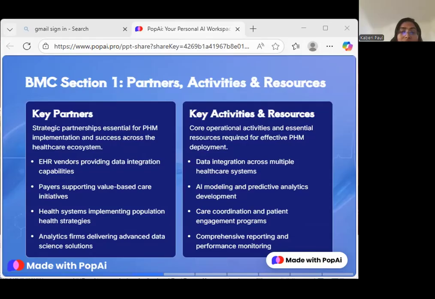These three areas highlight that population health management is not just a software product. It is a coordinated ecosystem that depends on technology, data, and people working together.